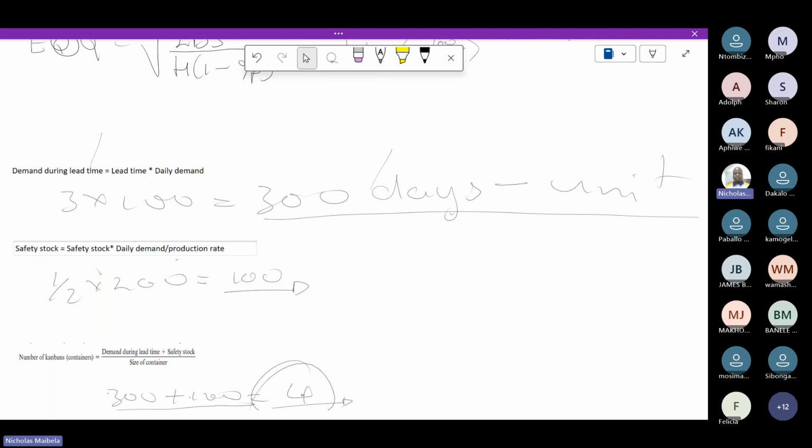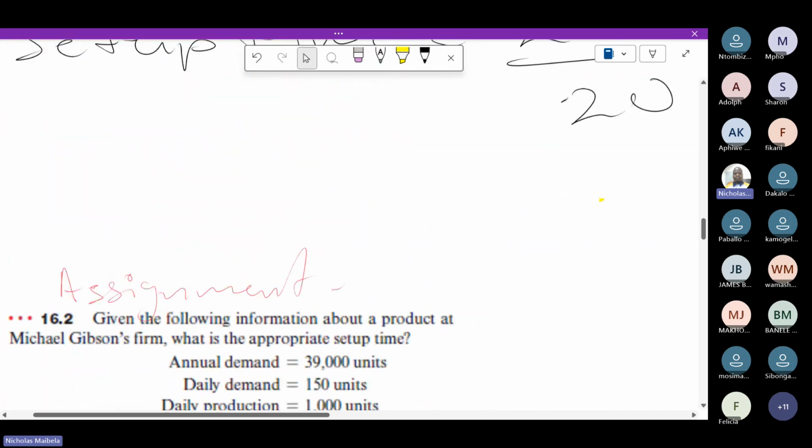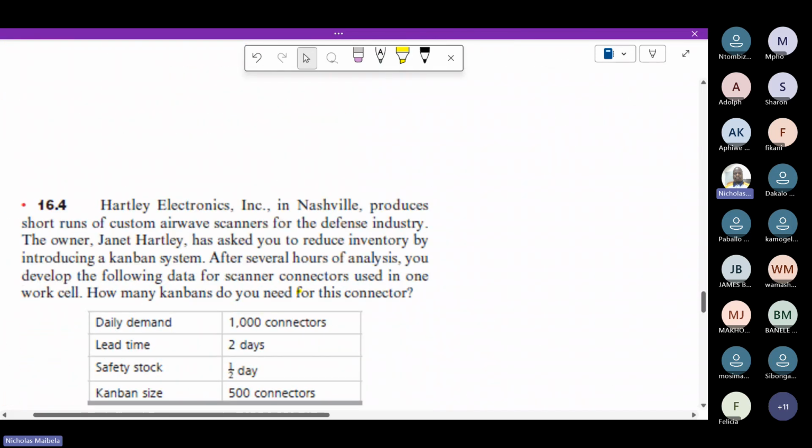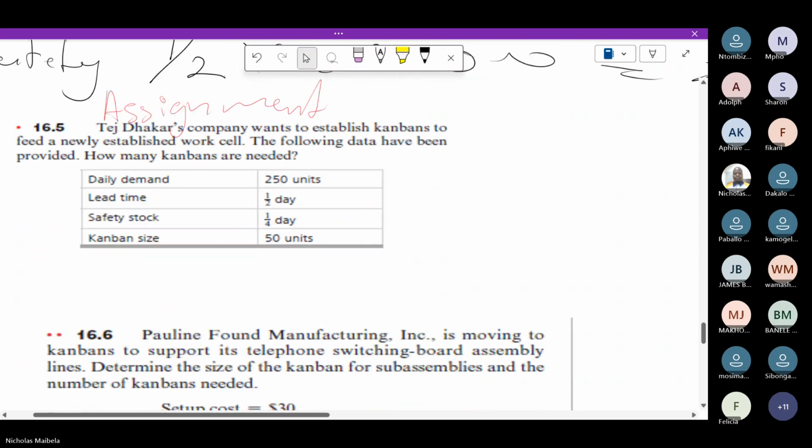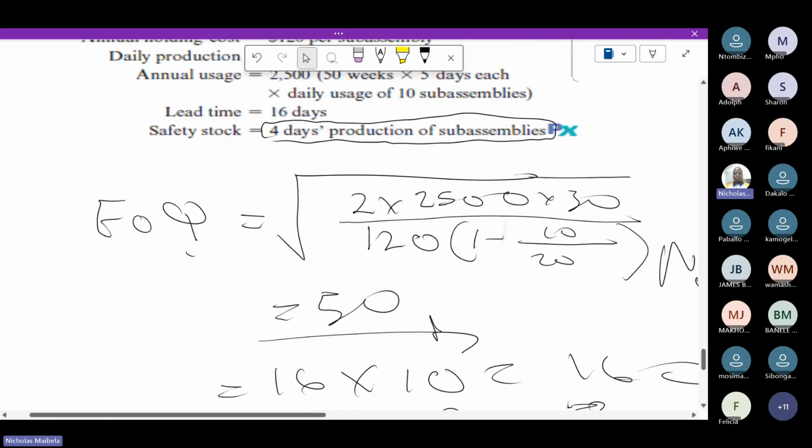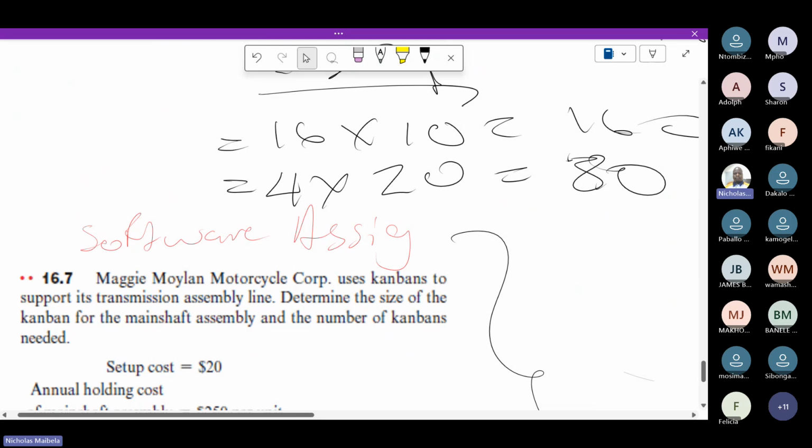I'm not saying divide, I'm saying or. On our recording, we know that it's or. On a formula sheet, somebody somewhere, special case, will say divide. We'll see that person. That's how we'll expose people who are not attending. Then after that, you go to that formula, the demand during the lead time plus safety stock over your economic order quantity, then you're getting your answer.